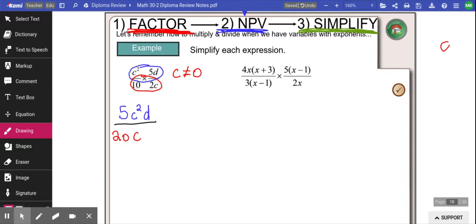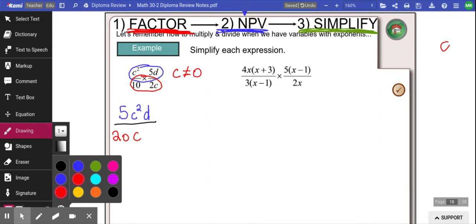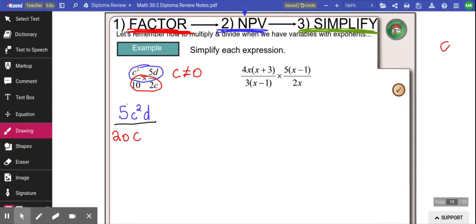We reduce this fraction by looking at the numbers first. So we have 5 over 20. If you're not sure what 5 and 20 reduces to, you can put it in your calculator. So you go 5 divided by 20, math, frac. It'll tell you that you have a 1 on the top and a 4 on the bottom. The way they got that was they divided both the top and the bottom by 5.